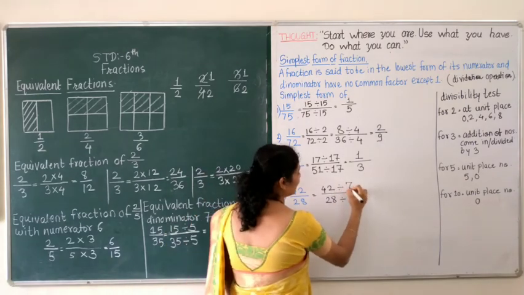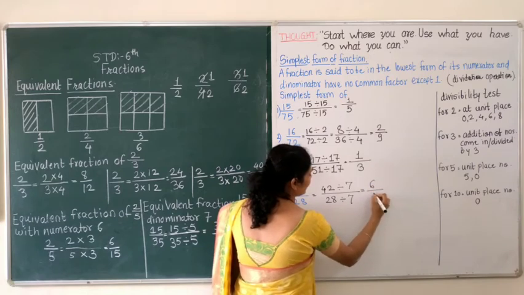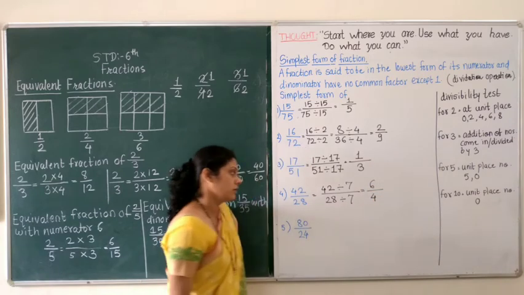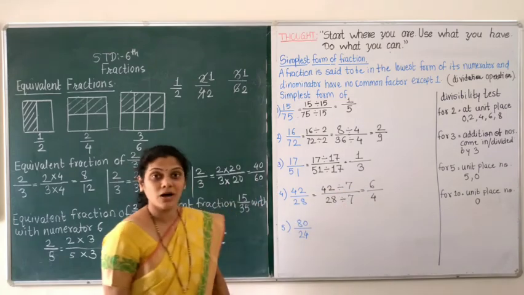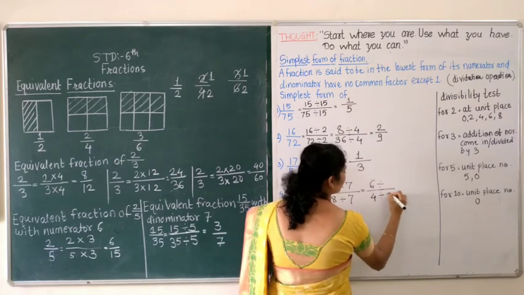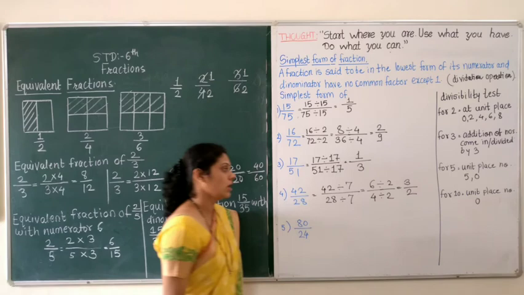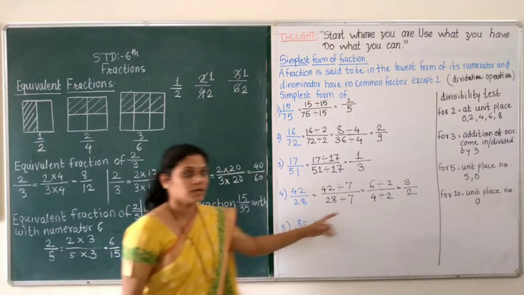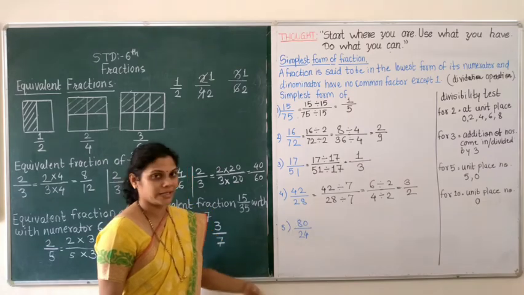So I will divide it by 7. 7 6s are 42, 7 4s are 28. And now both come in the table of 2. So again I will divide it by 2. So 2 3s are 6, 2 2s are 4. So 3 upon 2 is the simplest form of 42 upon 28.